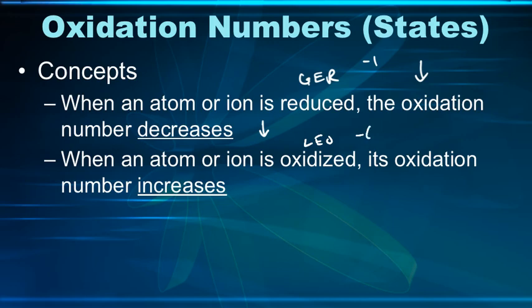You're losing a -1 charge, so your oxidation number goes up. Doing the algebra of it, minus -1 is really adding. So keep in mind those electrons have a -1 charge, and that affects which way the oxidation number goes. But remember LEO and GER, and remember what happens to the oxidation numbers.